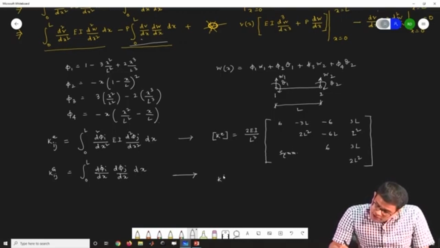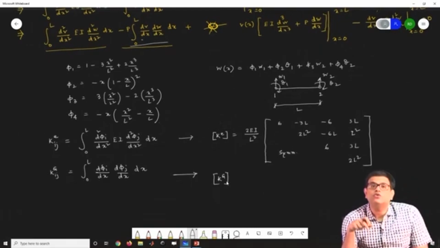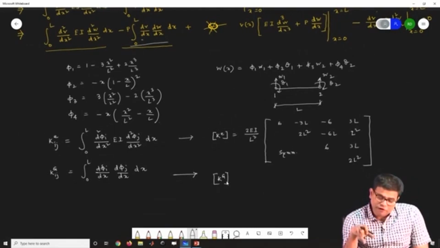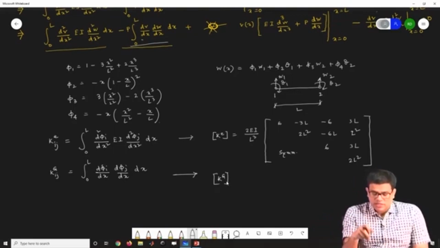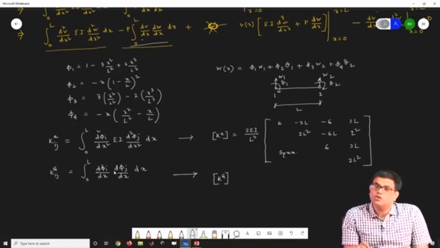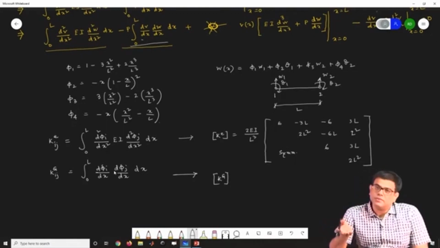My geometric stiffness matrix will look like this. You can take the first derivative of phi 1, phi 2, phi 3, phi 4, and then compute the corresponding terms. If you look, this bilinear form is also symmetric, so again the geometric stiffness matrix will be a symmetric matrix.